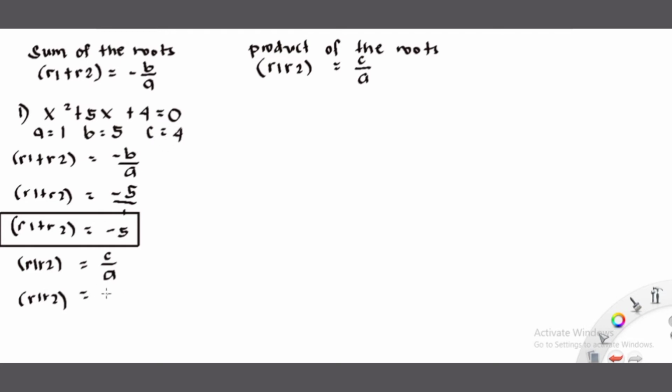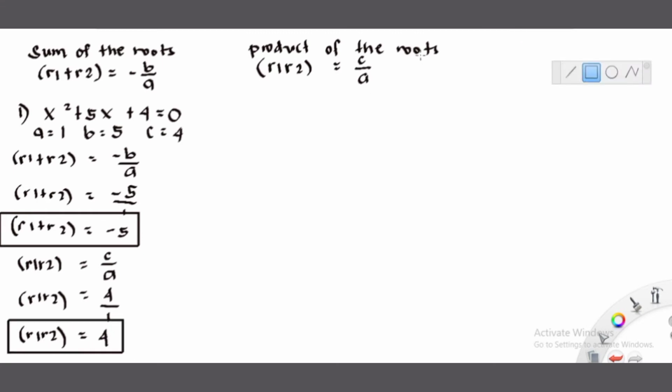C is 4 divided by A, which is 1. So, the product of the roots is 4 divided by 1, which is equal to 4. So, ang ibig sabihin, yung mga roots daw ng quadratic equation na ito, pag minultiply natin, because we're talking about product, the answer will be 4.